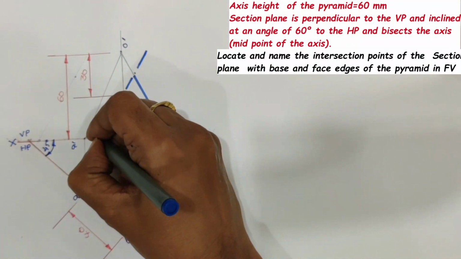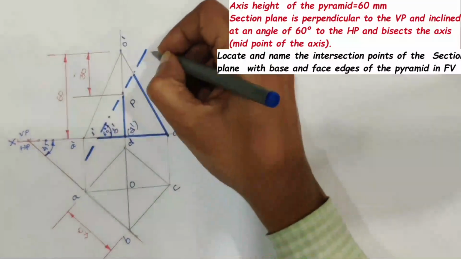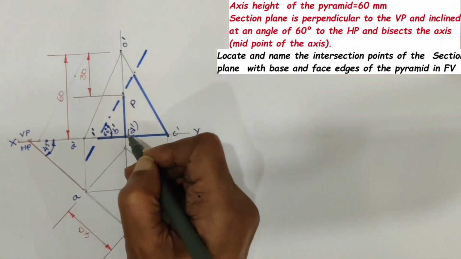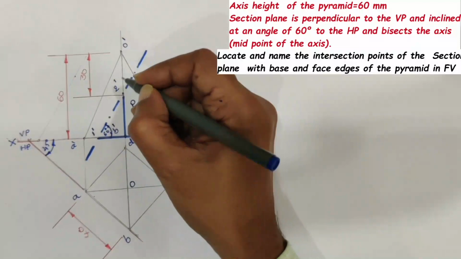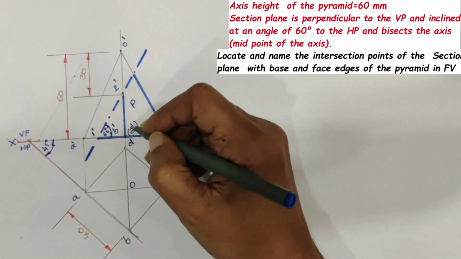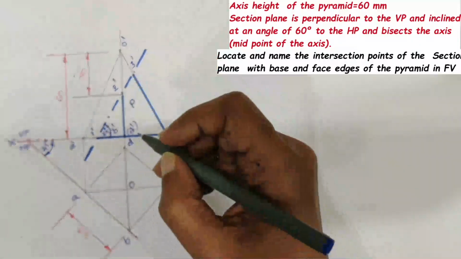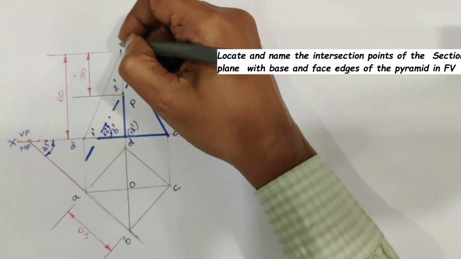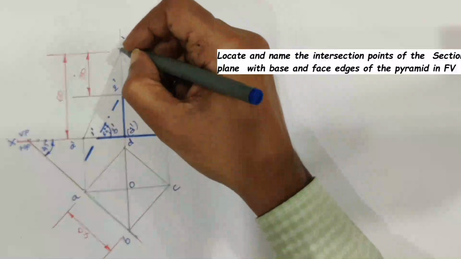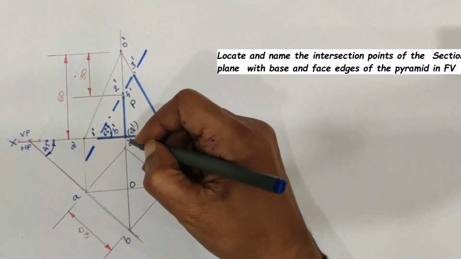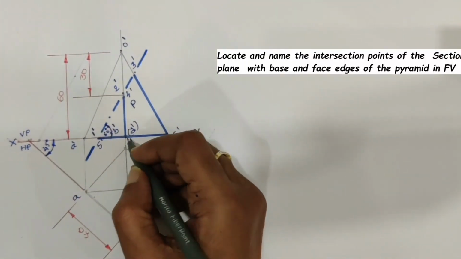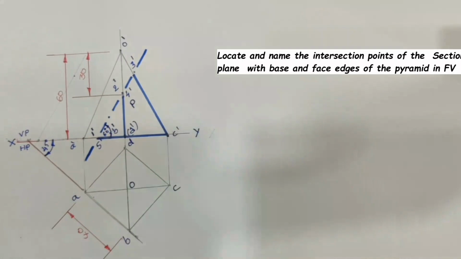Here 1 dash is the intersection point of the section plane and the base edge A dash B dash, and 2 dash is the intersection point of the section plane and the face edge O dash B dash. 3 dash is the intersection point of the section plane and the face edge O dash C dash. 4 dash is the intersection point of the section plane with the O dash D dash face edge. 5 dash is the intersection point of the section plane and the base edge A dash D dash.